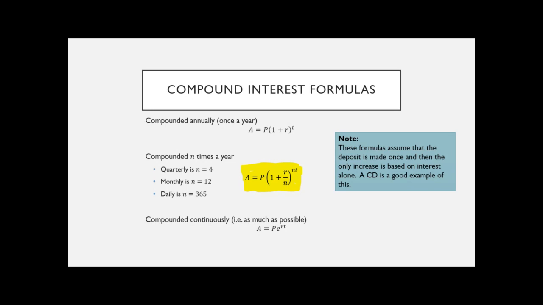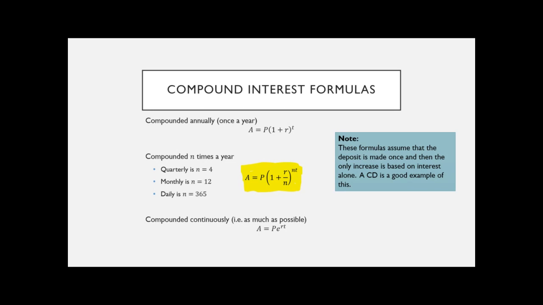And then you also have to multiply your years by the number of times you're getting interest. That's why it's nt as the exponent. Quarterly is 4 times a year, monthly is 12 times a year, and daily, even though some years are 366 days, we generally use 365 in the formula.